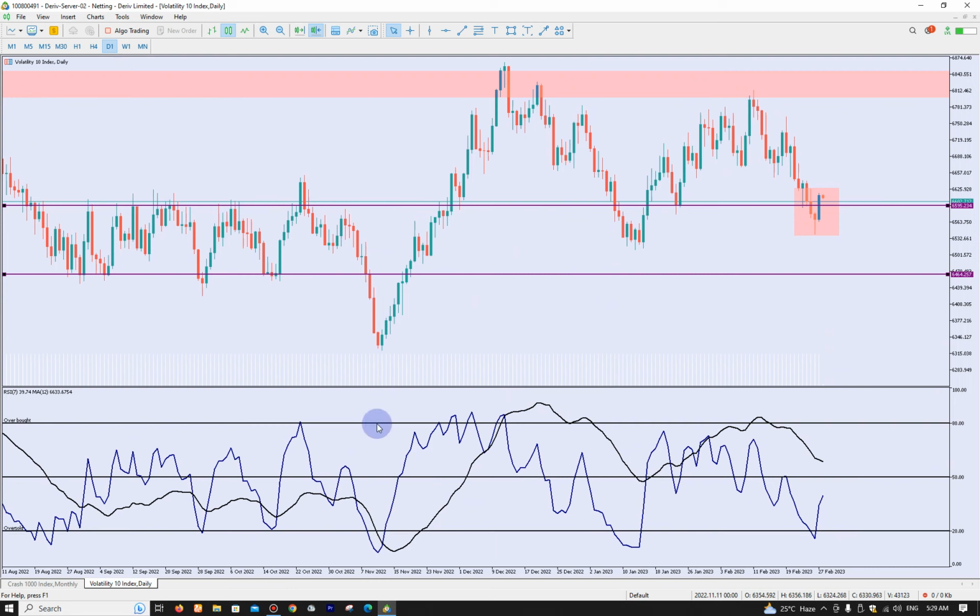You see what happened currently when price got to the oversold region. Whenever price gets to the oversold region, it doesn't actually stay there or continue selling. Something must happen to push price back into the main chart, because forex market is a game of buyers and sellers.